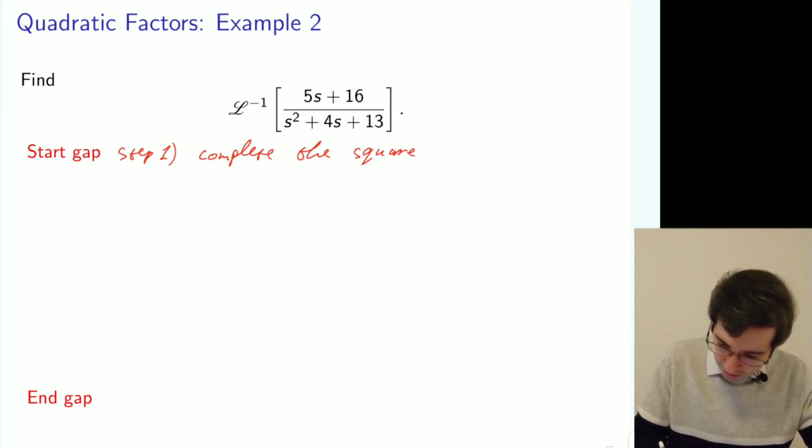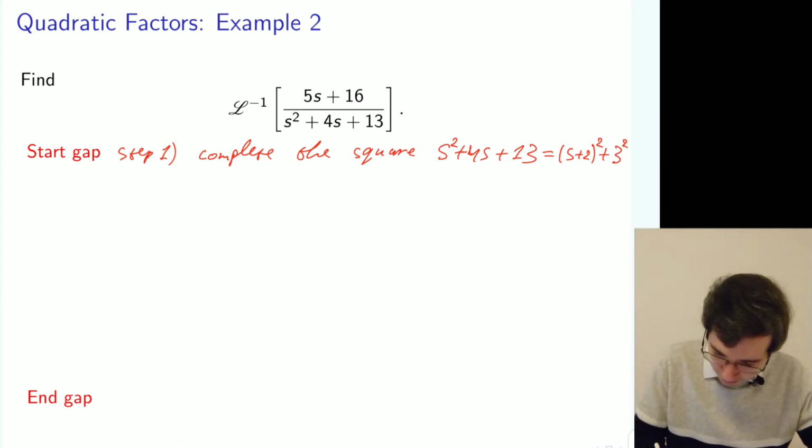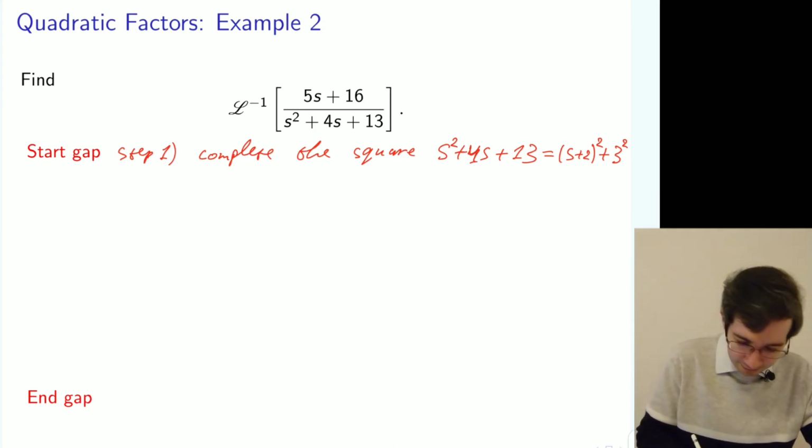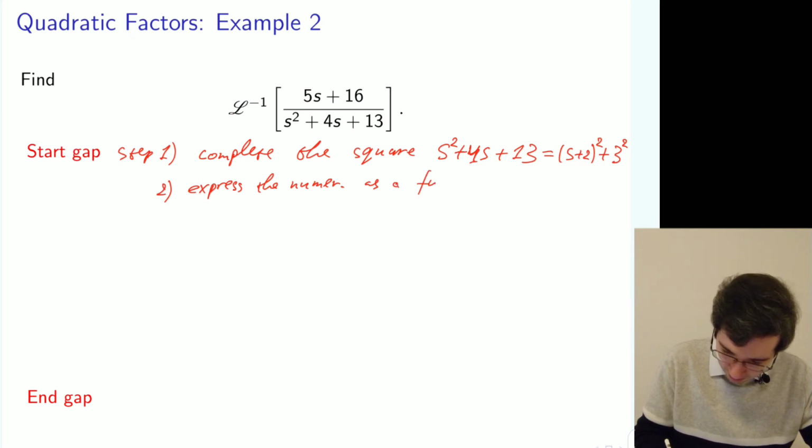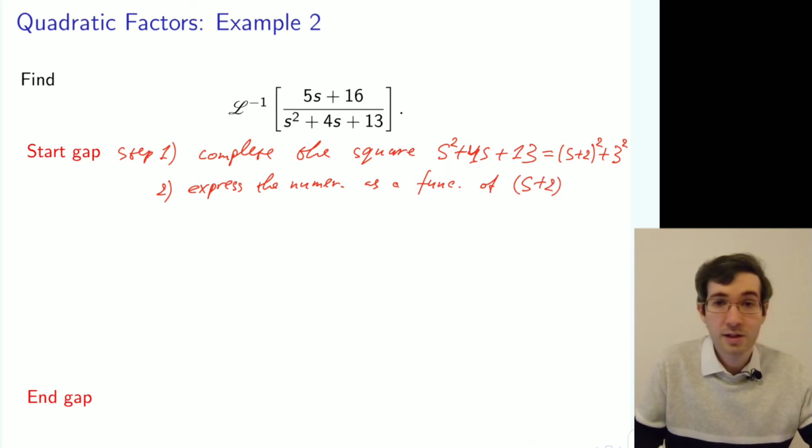So we write s squared plus 4s plus 13 as s plus 2 squared plus 3 squared, that is 9. So we first write this, and then we express the numerator as a function of s plus 2, because this is the most logical thing to do here.